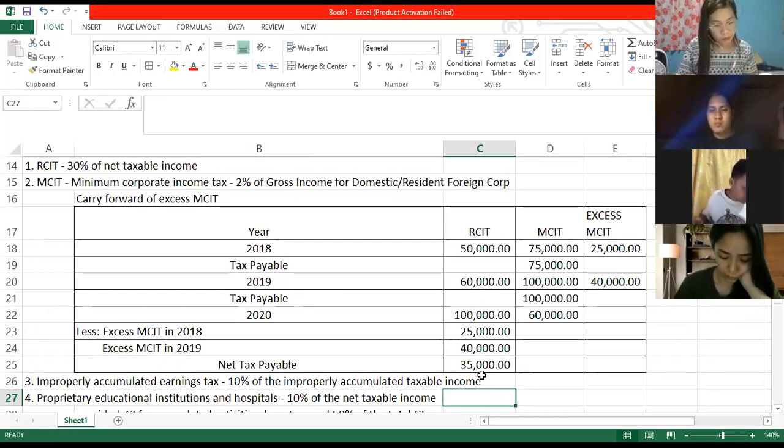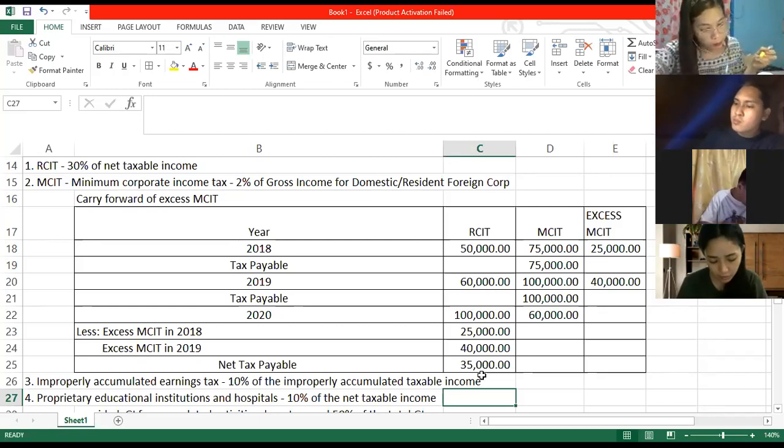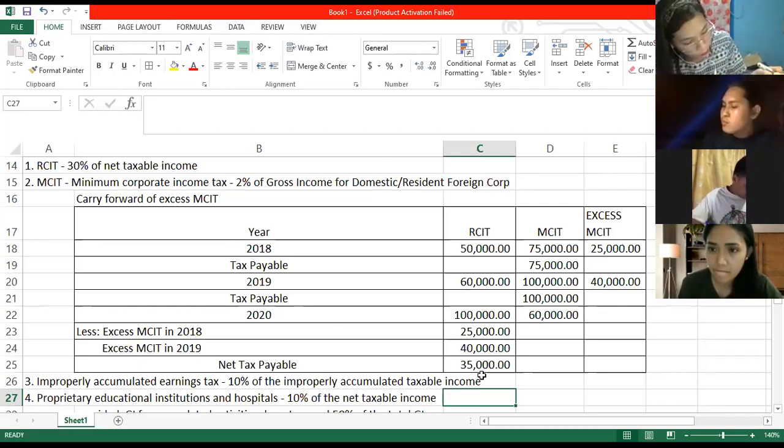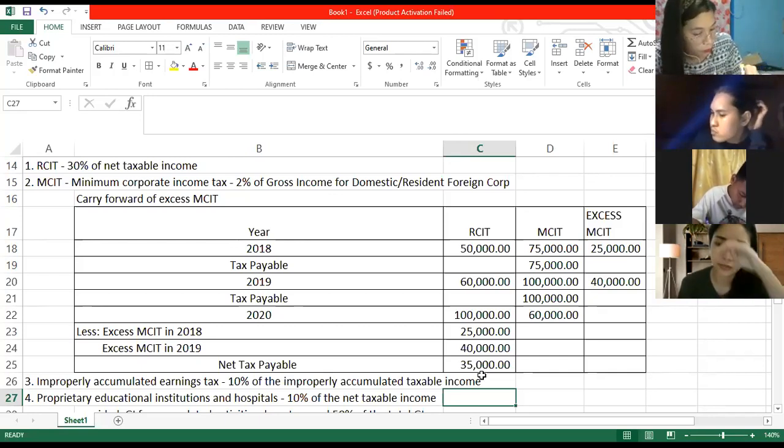Kung nag-suffer ka ng losses, on account of prolonged labor dispute, or because of force majeure, or because of legitimate business reverses. So you can write to the Secretary of Finance, rather not the Commissioner, para i-suspend yung imposition ng minimum corporate income tax. Of course, you should prove that you are suffering losses.